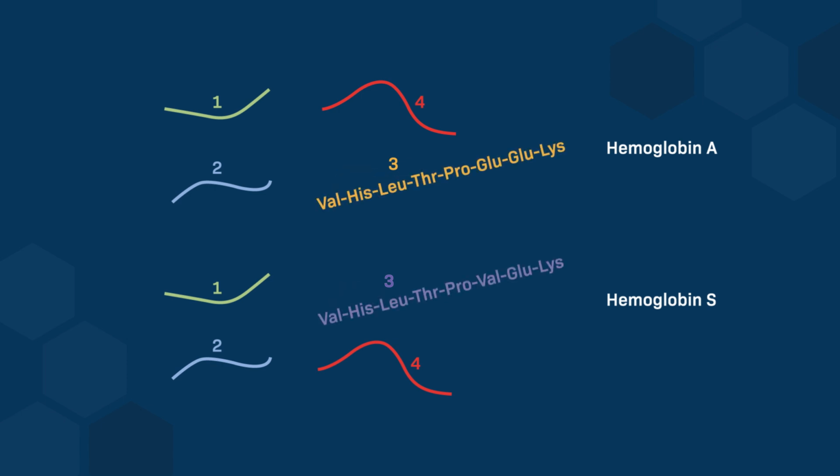In hemoglobin A, a glutamine, or GLU residue is present, while in hemoglobin S, it is replaced by valine, or VAL. This amino acid substitution in hemoglobin S changes the electrophoretic mobility, chromatographic mobility, and hydrophobicity of the whole peptide.